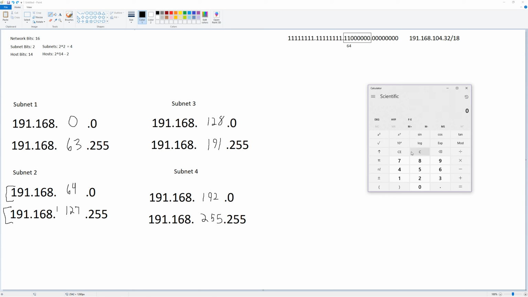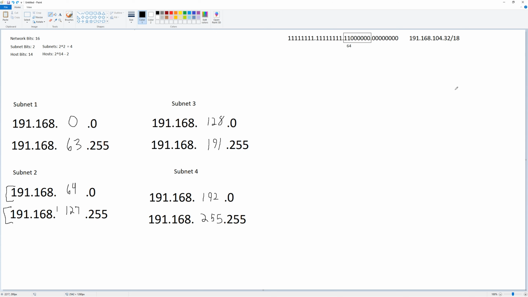You just have to account for the fact that 0 is also a value and it doesn't start at 1. So 1 times 64 is the subnet address, and then I'll take 2 times 64 and minus 1 from that. It'll give me 127. And that is how I got those values.